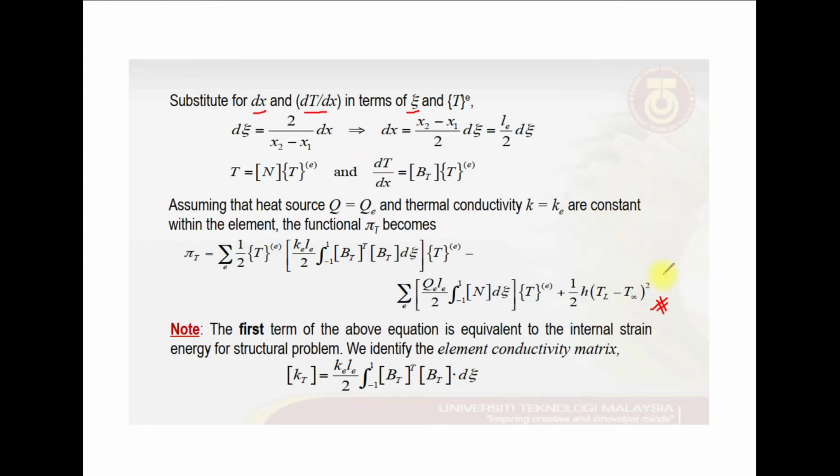In this lecture, I am not going to derive or discuss in detail how we come up with this equation, but I encourage all students to try to come up with these equations yourselves. So in this potential energy equation, we have three terms: the first one, the second one, and the third.